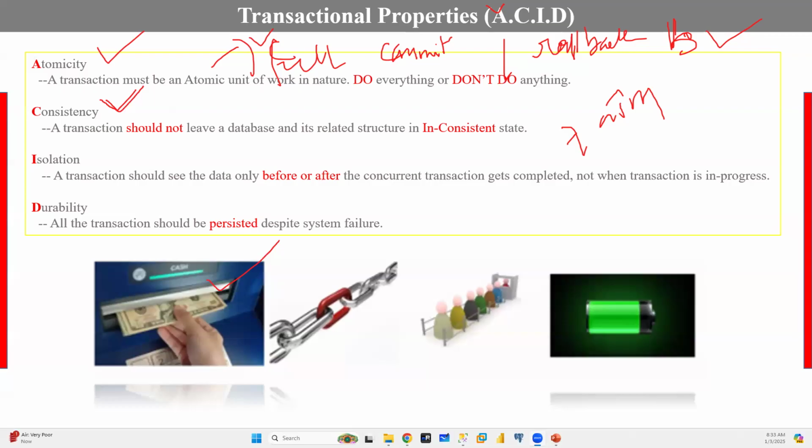It should not violate the structure, and it should not put your database into an inconsistent state, meaning a corruption state. Based on the transaction you are doing, your database may get corrupted. It should not change the database level, transaction level, the behavior levels.